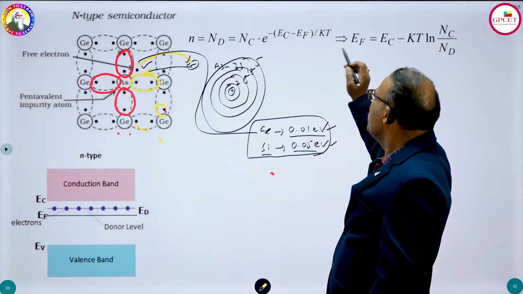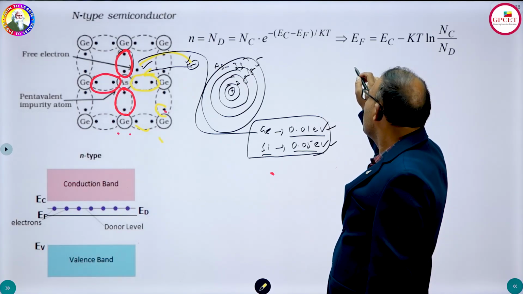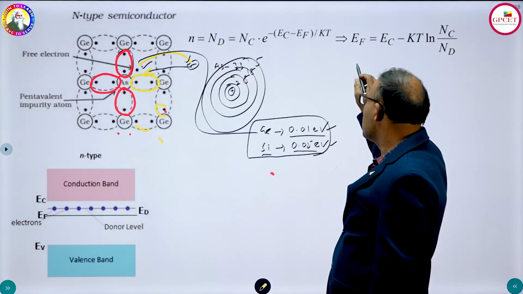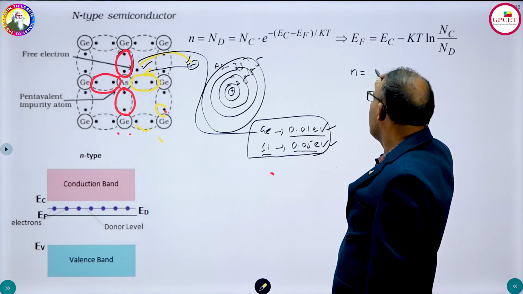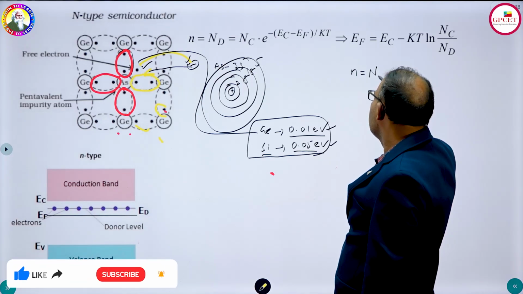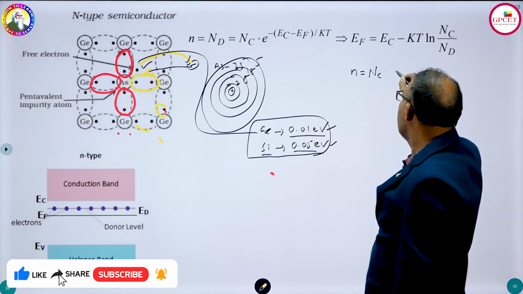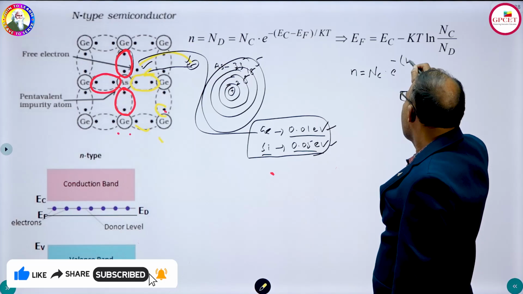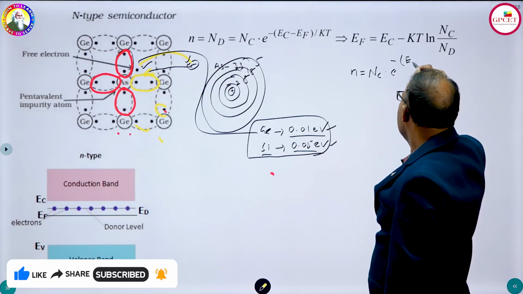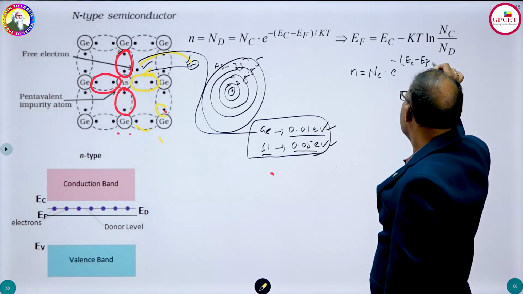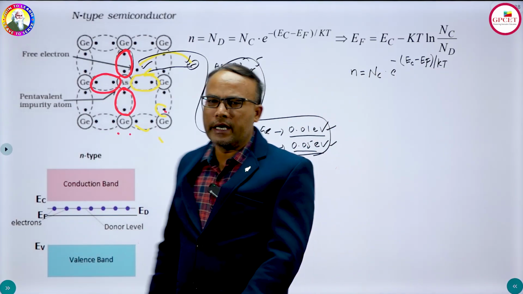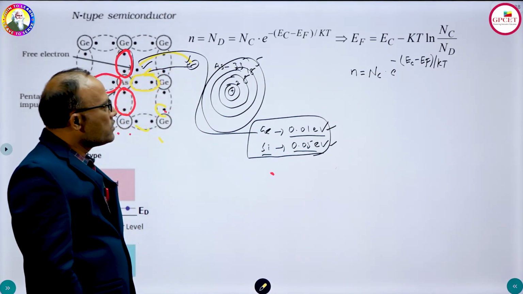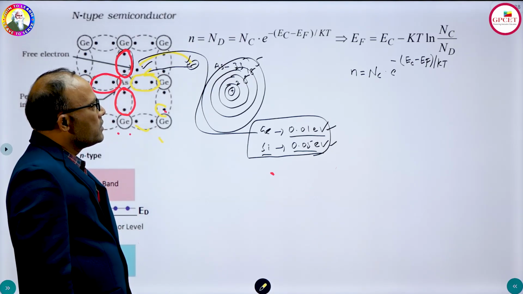As you see here, we have already known what the concentration of electrons n is. We have a formula: n is equal to Nc, the effective density of states of electrons, into e power minus (Ec minus Ef) divided by Kt, where it represents the concentration of electrons present in the device.